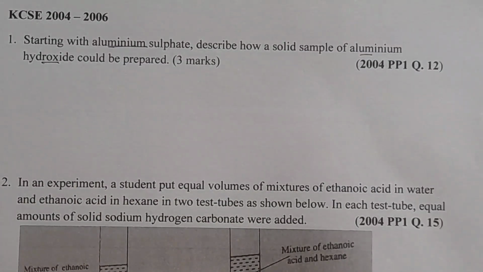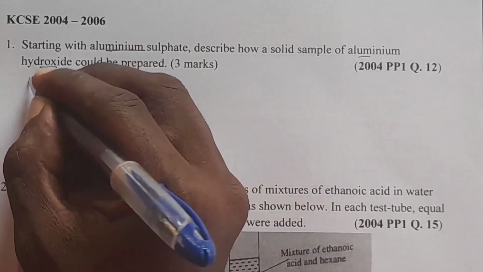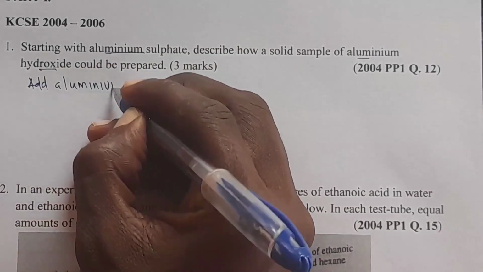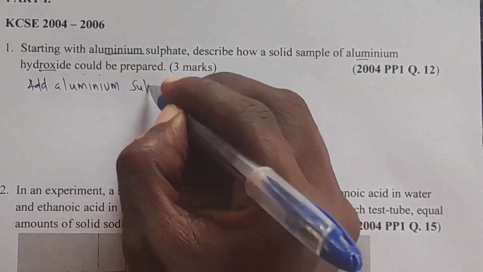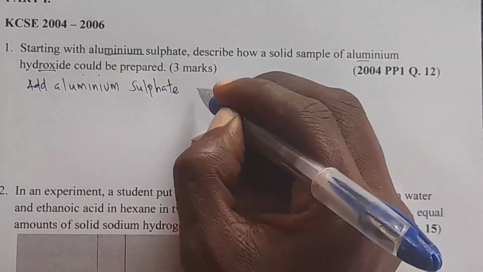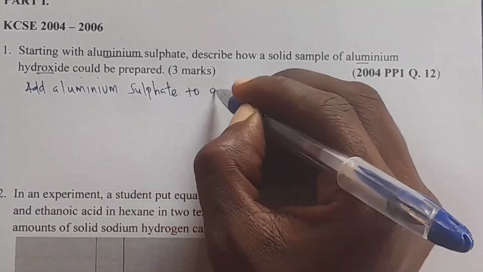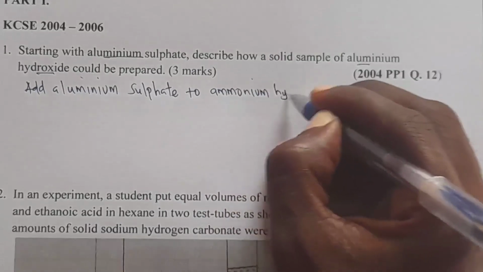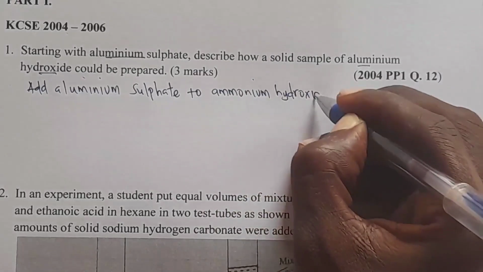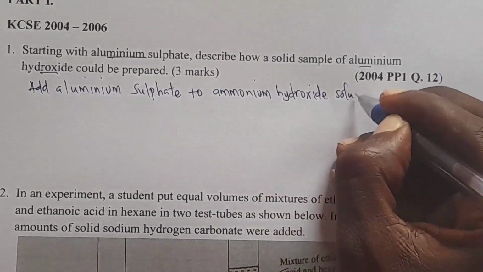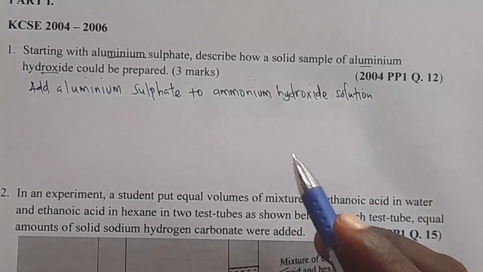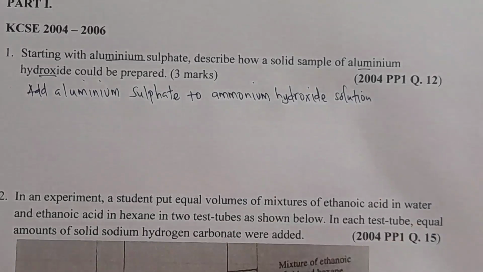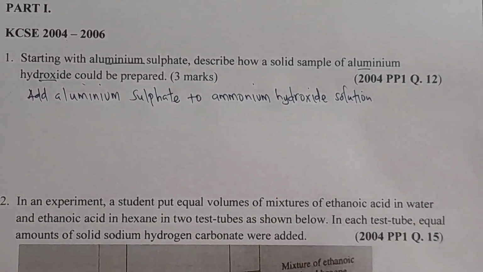So we are going to say, first of all, add aluminum sulfate, because we are told to start with aluminum sulfate, to ammonium hydroxide solution. Or instead, you can say add aluminum sulfate to aqueous ammonia solution.